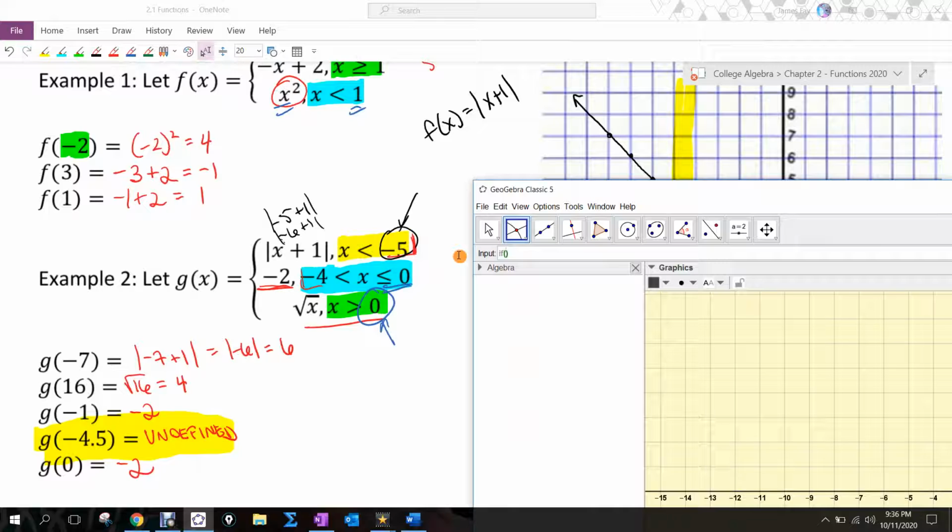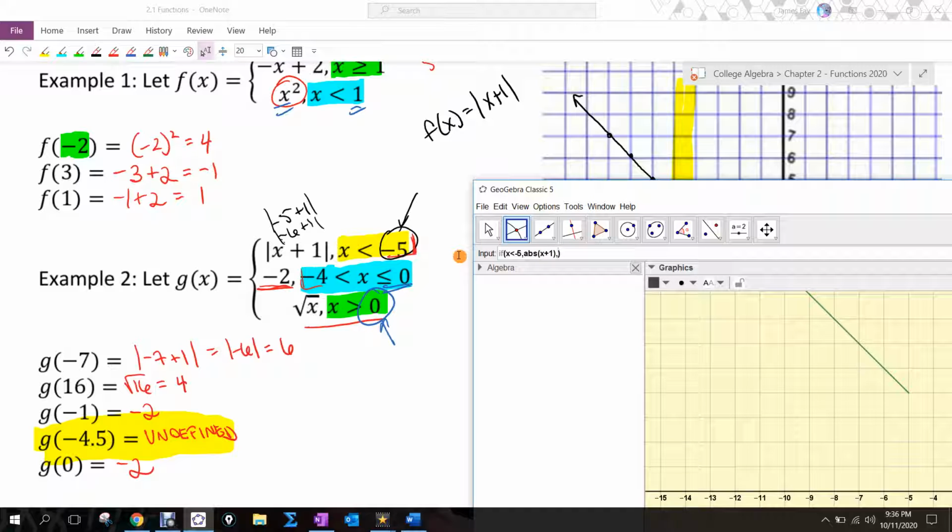So let's say if x is less than -5, graph the absolute value of x plus 1. And I believe then you have to do what's called nesting here.